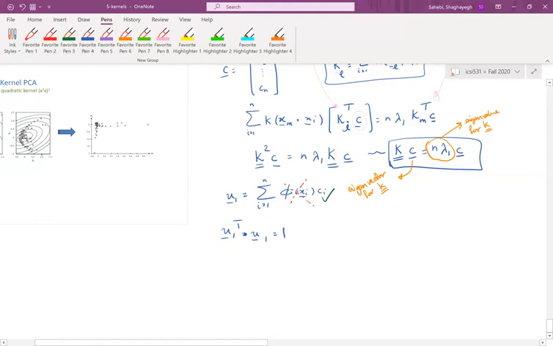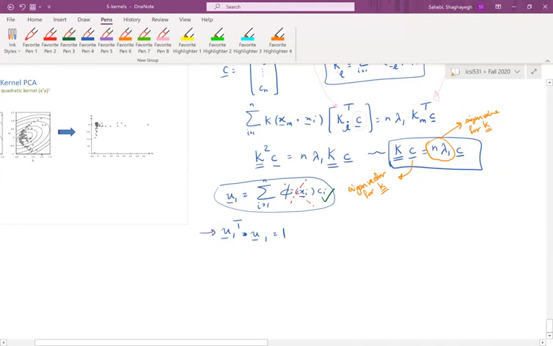But I don't have a guarantee that u1 transpose u1 is equal to 1 in this equation. So before doing the projection, we are first going to normalize our u1 such that u1 transpose u1 is equal to 1.